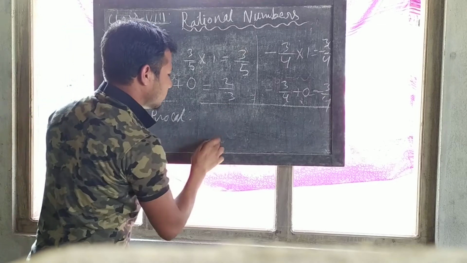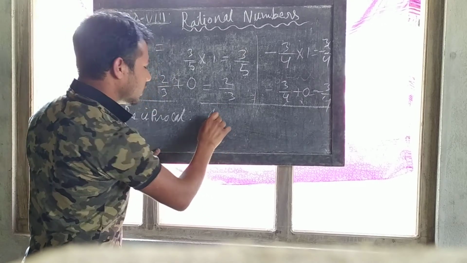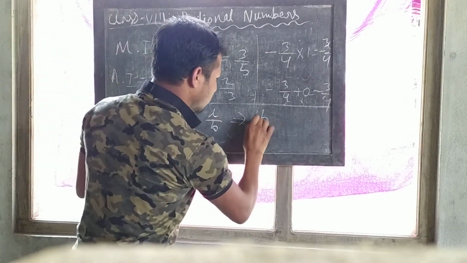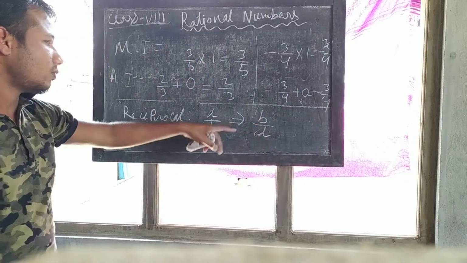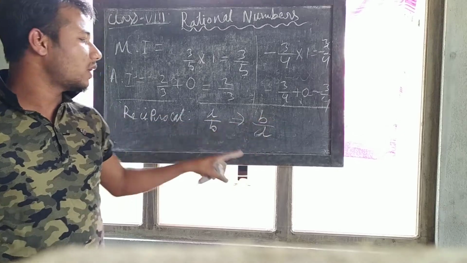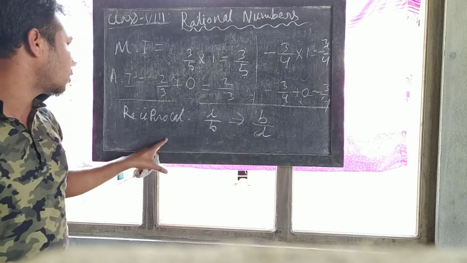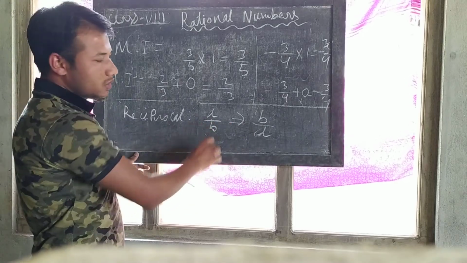Suppose A by B is any rational number, then its reciprocal will be B by A. And also the reciprocal of B by A will be A by B. If there is a negative number, there will be a negative sign. This is called the reciprocal of a rational number.